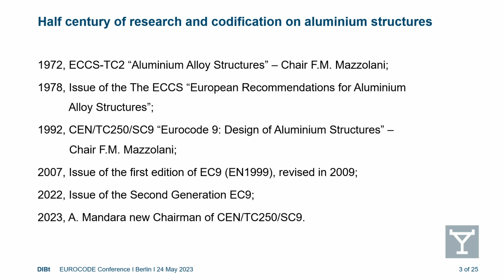Then in 1992, there was the establishment of the SC9 committee devoted to Eurocode 9. The first edition, the EN version of Eurocode 9, is in 2007 and revised in 2009. And the second generation of aluminium code represents the end point of this half-century-long process.